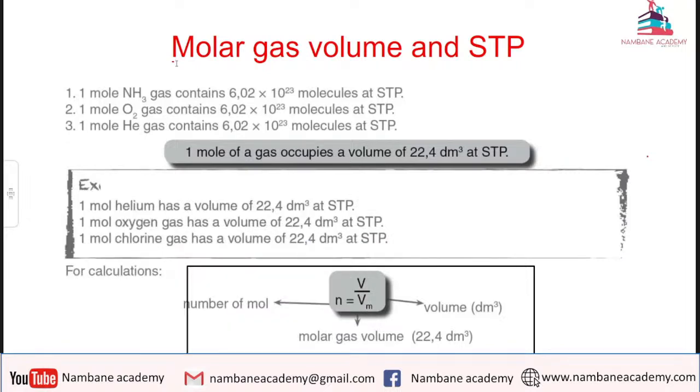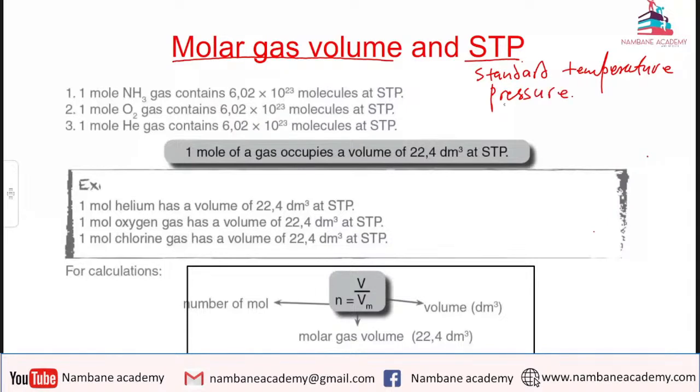We are going to refer now to molar gas volume and the STP. Now the question will be, what is an STP? STP is standard temperature and pressure.